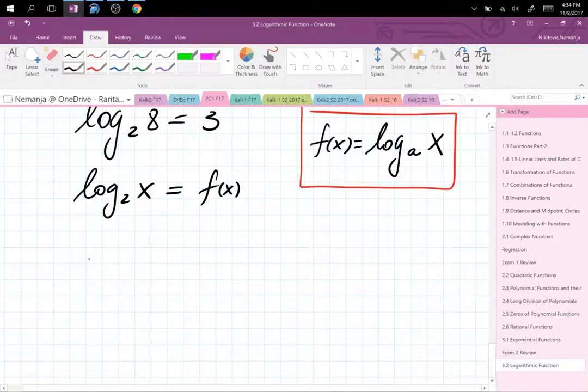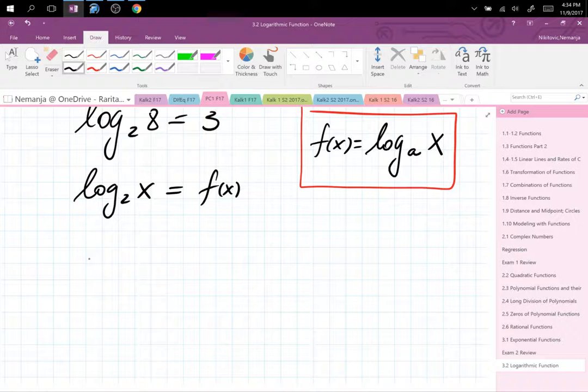But we also have the conversion formula. And if you are careful enough with the conversion formula, you learn exactly what the log function is, and that it is the inverse of the exponential function.